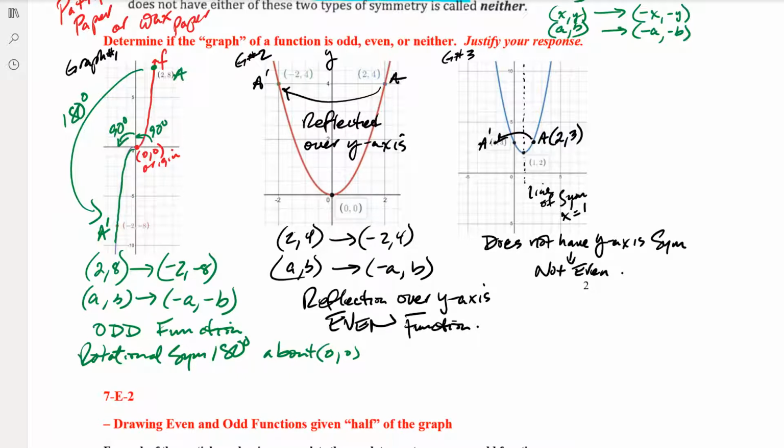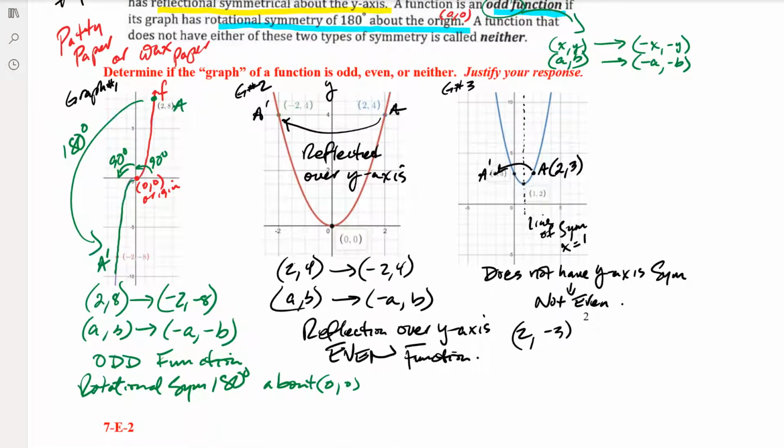Now if you take 2 comma 3 and apply the definition of odd to it, then it should get transformed to the opposite of A comma opposite of B. The opposite of 2 would be negative 2, and the opposite of 3 would be negative 3.